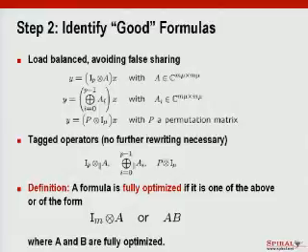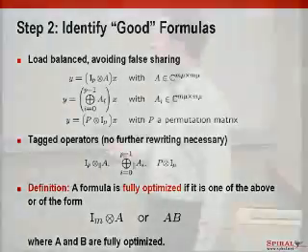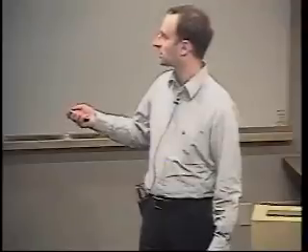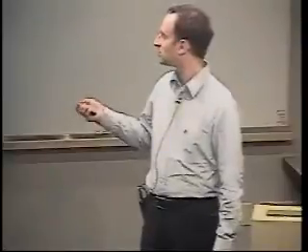The next step is to identify the good guys. What we want to have is load balancing, and we want to avoid false sharing. So if we go through the library of the basic formula constructs that we know of, then we see that that one we already know. That one is a generalization of that one, where the matrices in the block diagonal are slightly different. And that here is basically a permutation matrix that only permutes full cache lines.